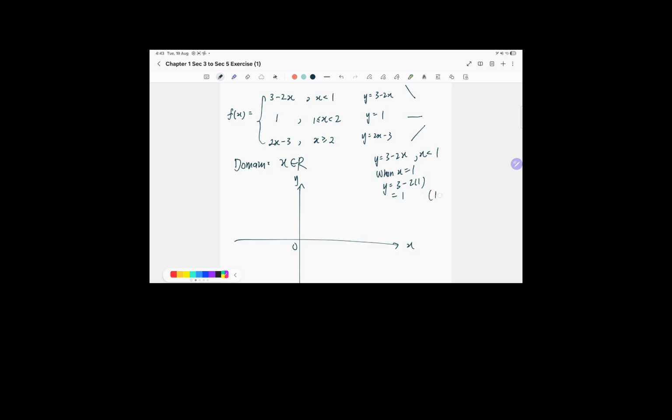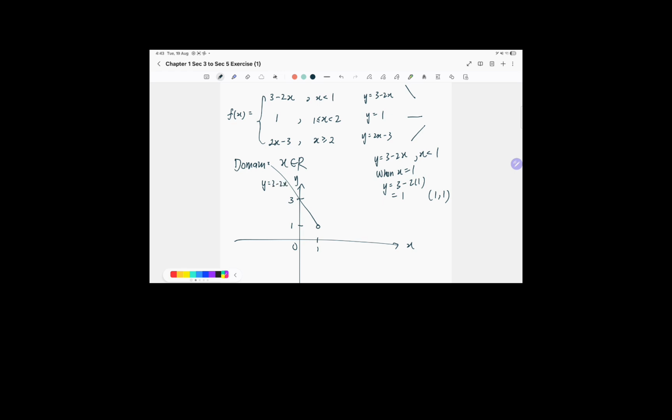So you have a point (1, 1). And no equal sign, so you use the empty circle and go to the left. So this is 3, because the y-intercept is 3. So to the left. Okay, so this is the first part of the graph, y equal to 3 minus 2x.